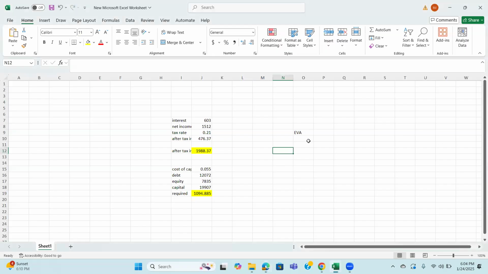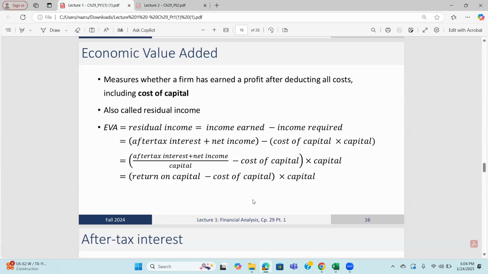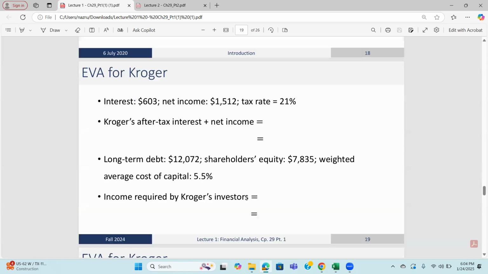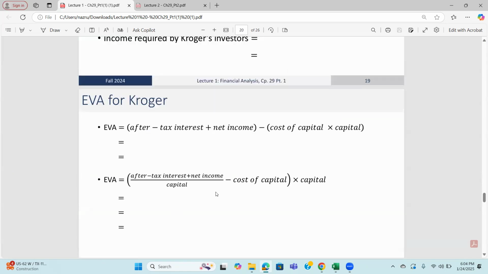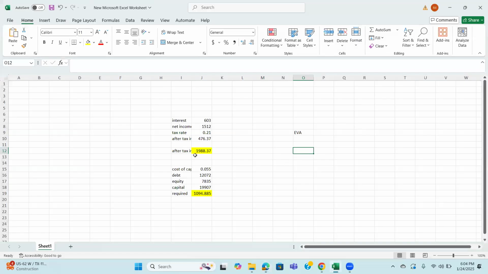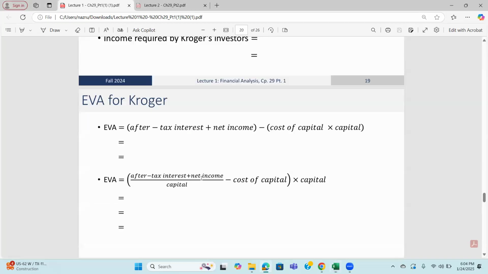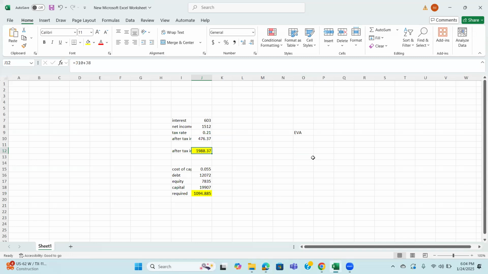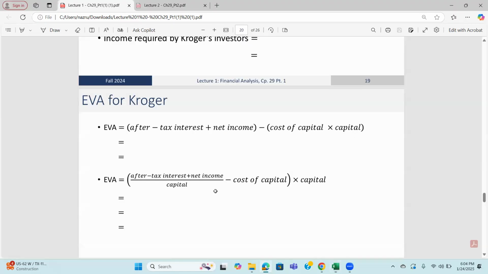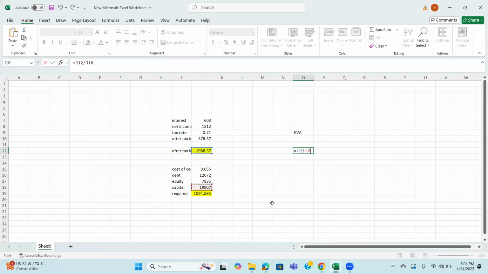So we can use this formula, right? So our after tax interest plus net income, we have that value, this one, right? So we just click this one and then we divide it by the capital, and our capital is the summation of debt and equity.